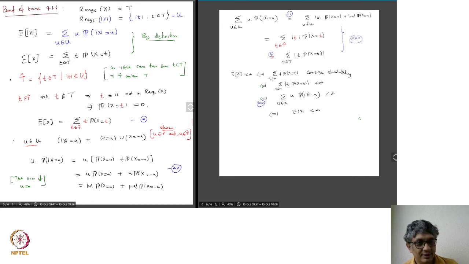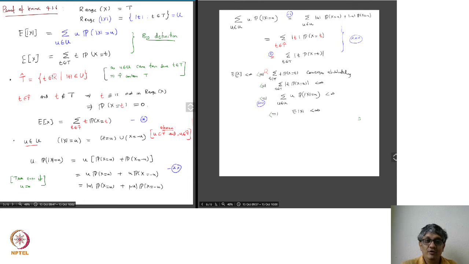Now, if t is in T hat and t does not belong to T, then... I made one small error. The way I defined T hat is not correct. So T hat is all real numbers for which mod t is in U. So now if t is in T hat and t is not in T, then t is not in the range of X, so the chance of X equals t is 0.